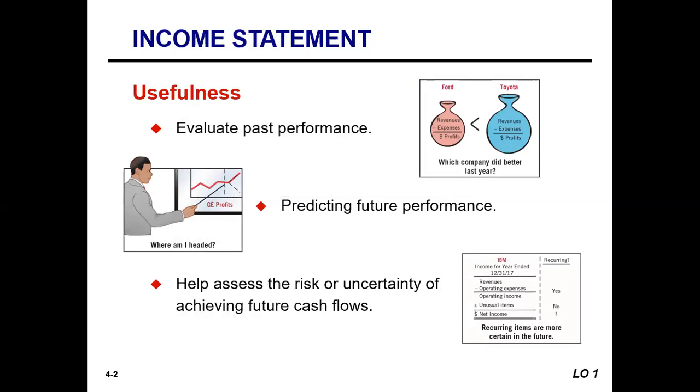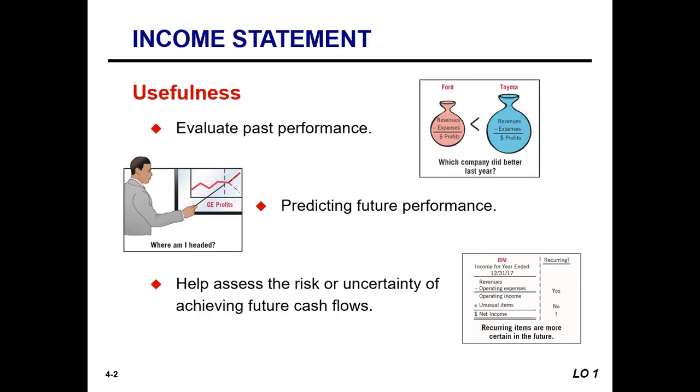It evaluates how we did in the previous accounting period. If it has that predictive value that we talked about in chapter 2, it's a way of predicting what we expect to happen in future accounting periods. And then it helps to also assess the risk or the uncertainty in achieving future cash flows, right?